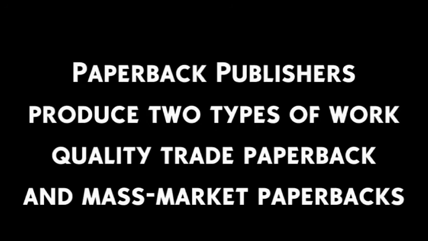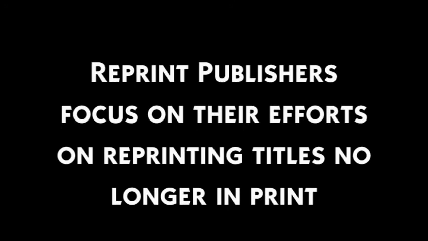They are responsible for producing paperback books, regardless of type of book, like textbooks, novels, and so on and so forth. Reprint publishers focus on reprinting titles. And then last but not the least is small press, which produces a limited number of titles. So those are the types of publishing houses.